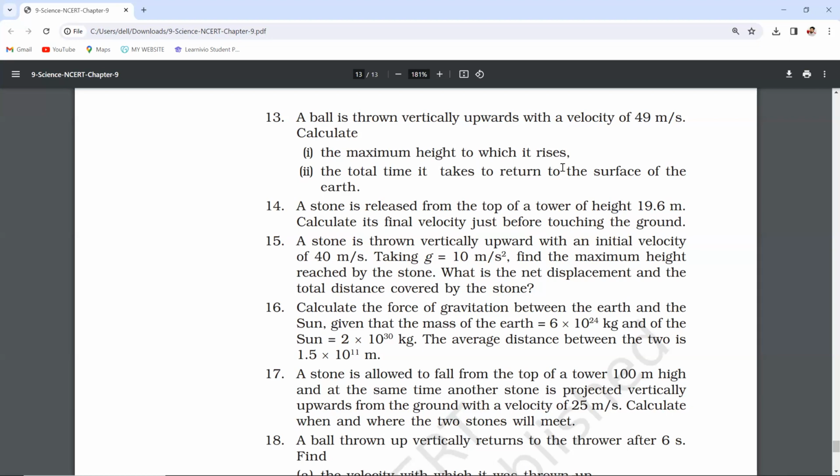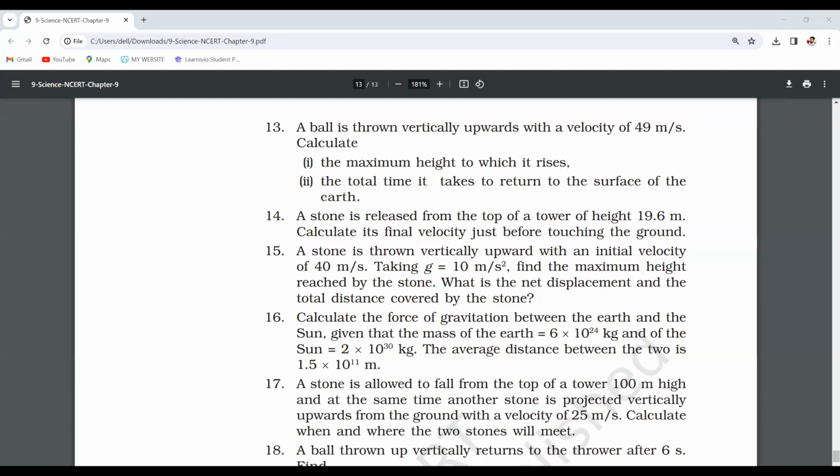So what is being given to you here is that a ball is thrown vertically upward with a velocity of 49 meter per second. Calculate the height to which it rises. Okay, let me write the question.